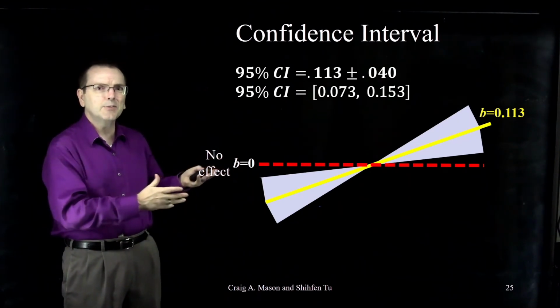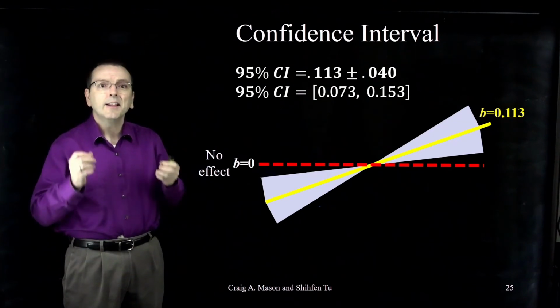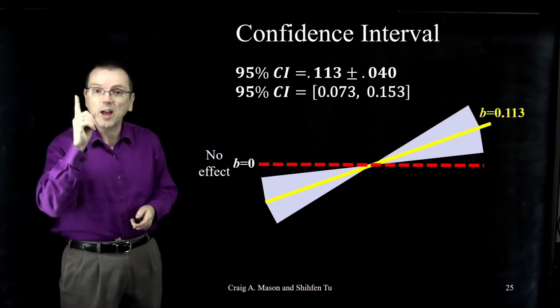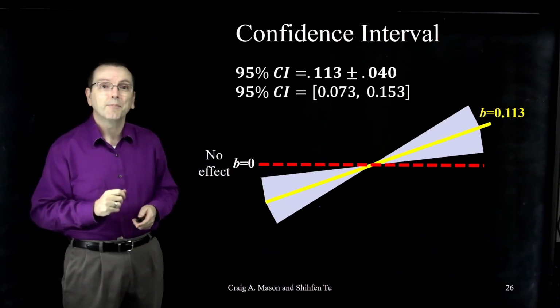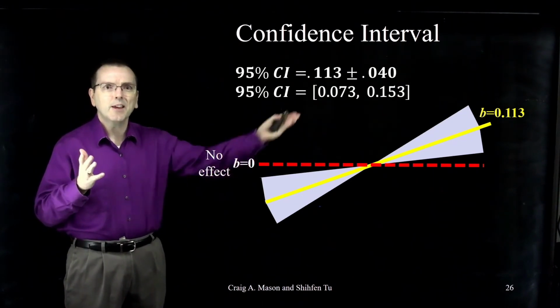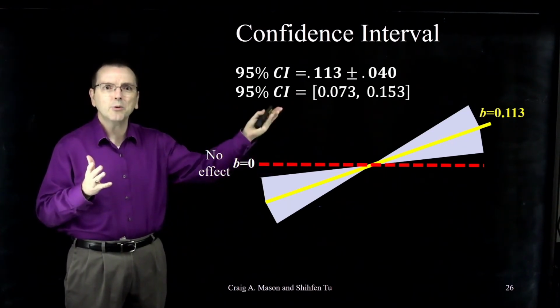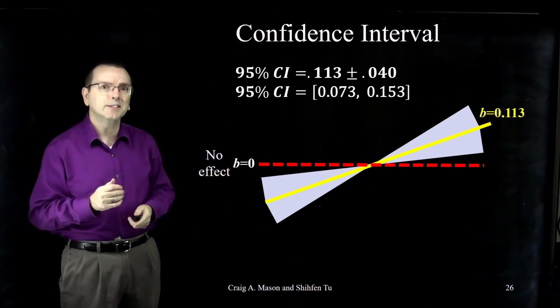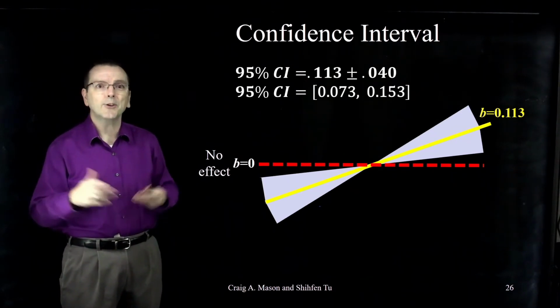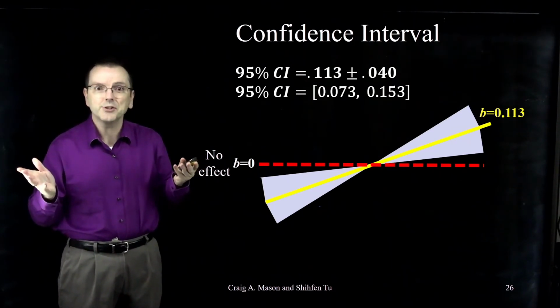The confidence interval does not contain the value we expect to see if the null hypothesis is true. We're 95% confident that the true population value is somewhere in that confidence interval, and the no effect null hypothesis value is not in that range.